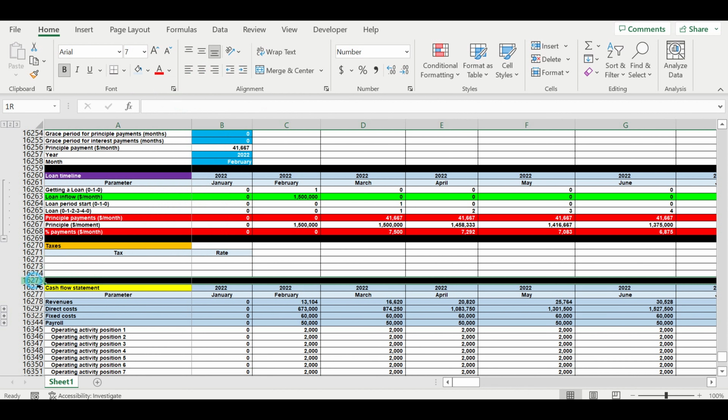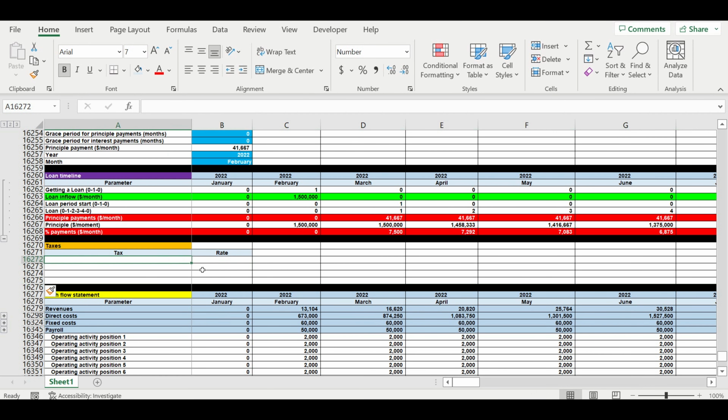We will add one line here, additional. So we will have revenue tax, payroll tax, then profit tax, and asset tax.